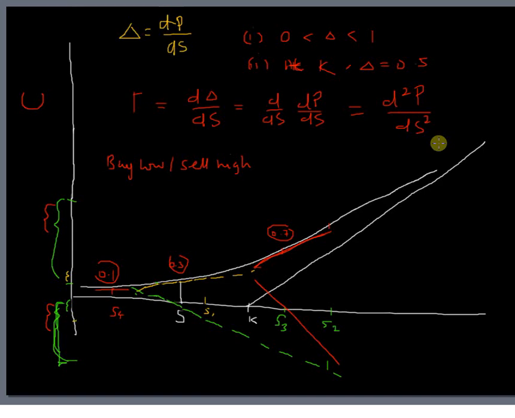So let's try to imagine that there's another call option that looks like that. If you compare the first call option versus the second call option, the second call option looks a bit less curved than the first. When we look at the delta of the second call option, the delta at this point is like that, at this point is like that, at this point is like that.